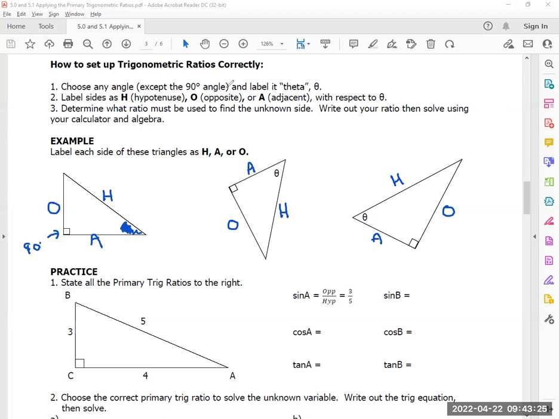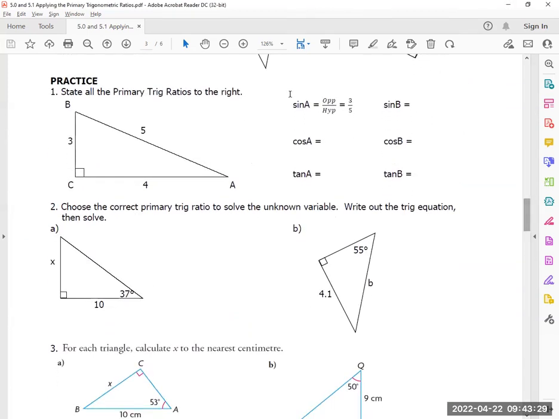All right, here we go. Moving down. Here's your practice. I want you to be able to match the correct sides with the ratio. So take a look, everyone. Step number 1. Do you see how in the first column we are using corner A?